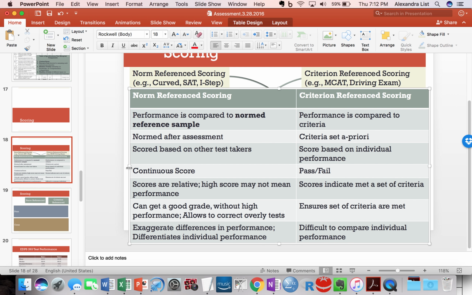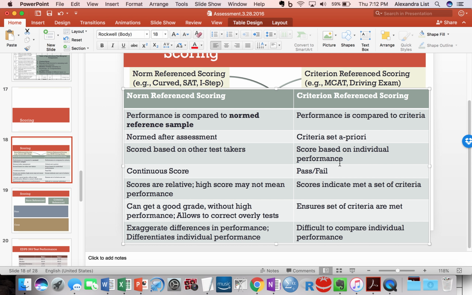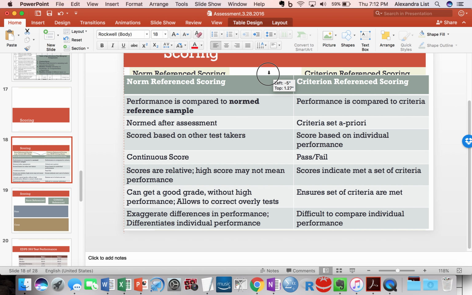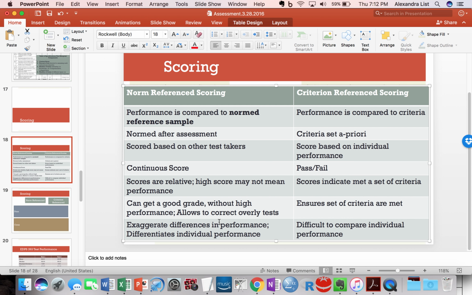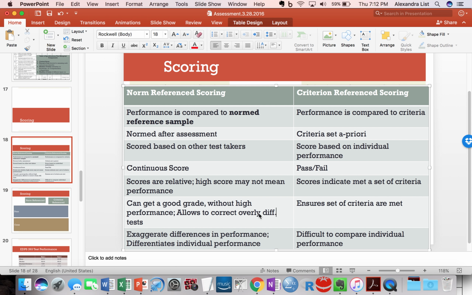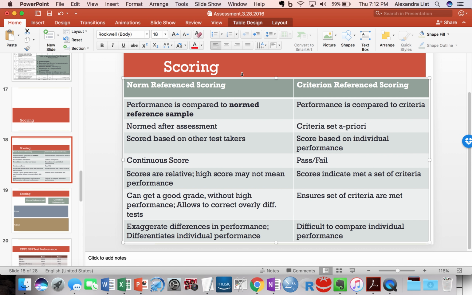Because if it turns out that everybody did really poorly and I don't want to give everybody in my class a D, then I'm able to use norm reference scoring to say, given that nobody got above a B, this is how all of you did relative to each other. And so then some people are able to get an A, even if the highest score in the class was a B.